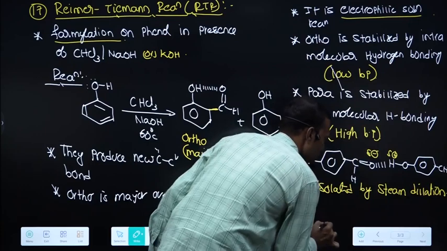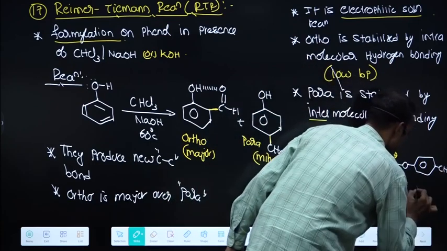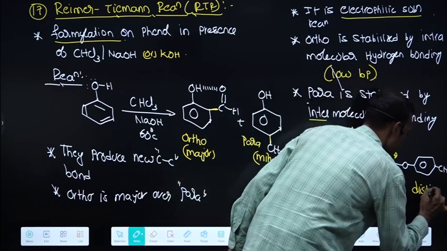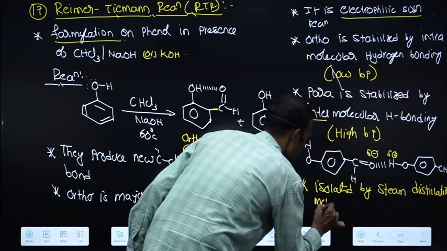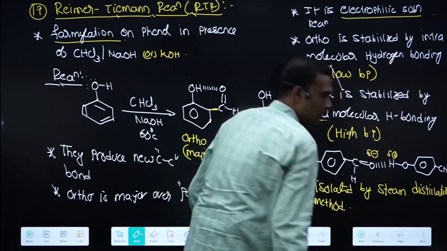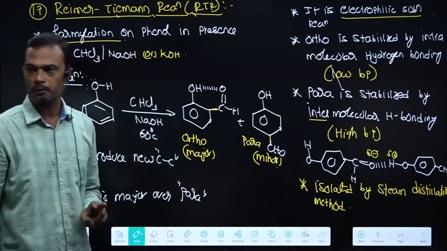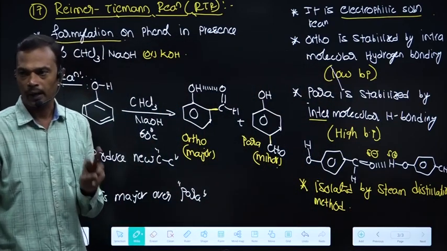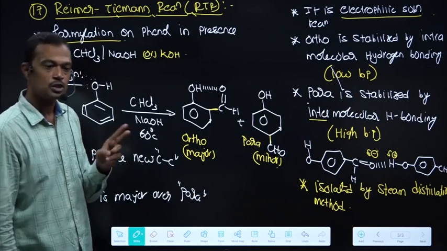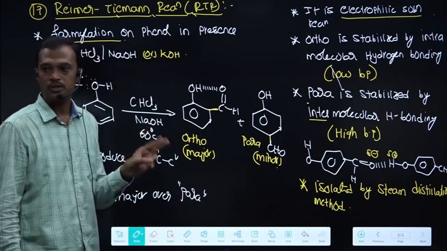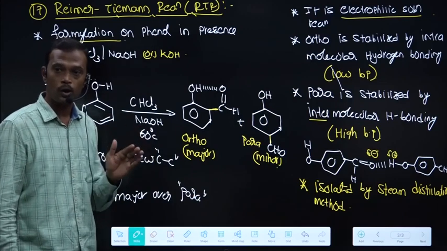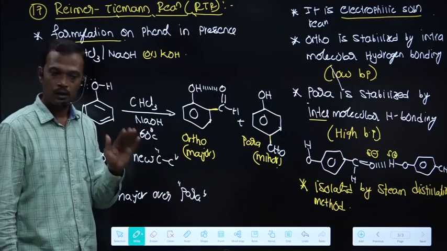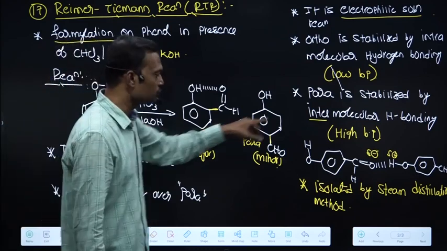In Reimer-Tiemann reaction, two isomers are obtained, ortho and para. Between ortho and para, which is major? Ortho is major. Even though ortho is major, ortho has a low boiling point and para has a high boiling point. There is no comparison between these two.